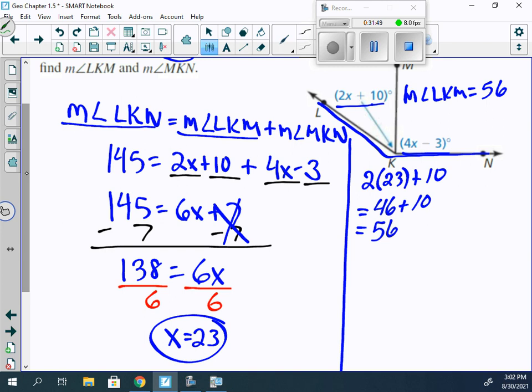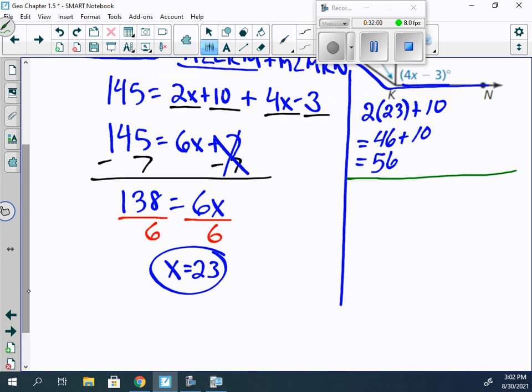We're almost done with this problem. Now the other angle is 4 times x minus 3. Well, x is 23. So we could type this in: 4 times 23 minus 3.